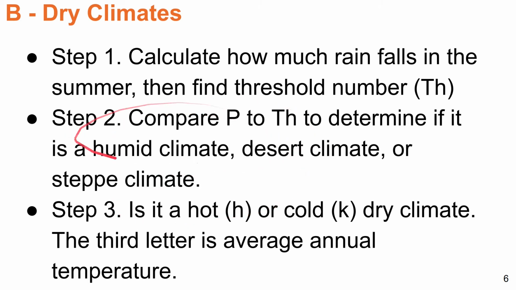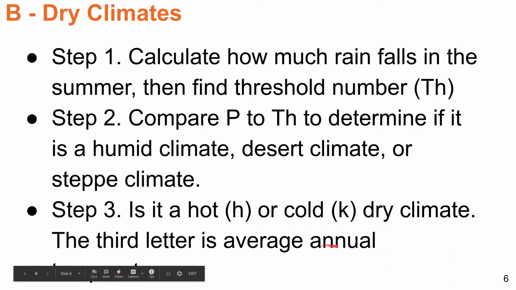And if it is a dry climate, at this point, then the last thing to do, because when we figure out if it's dry, we'll figure out at that point if it's desert, steppe, or humid. And if it's desert or steppe, then the last thing to do is figure out, is it an H, hot climate, or K, cold? Again, if you speak German, it helps. Heiß und kalt, hot and cold.